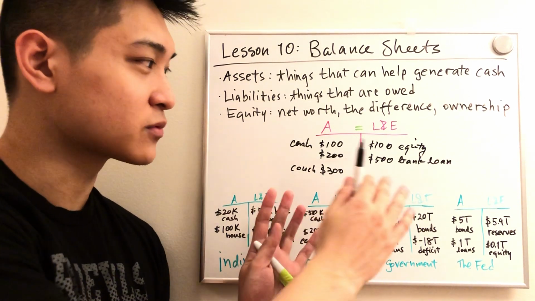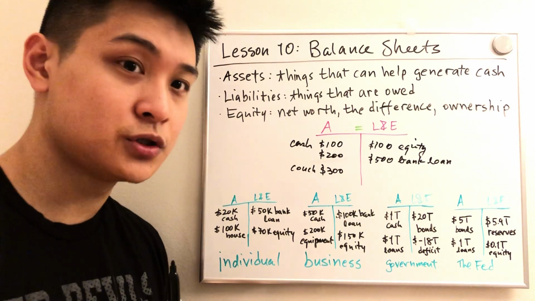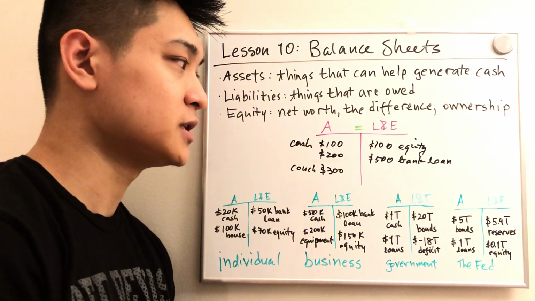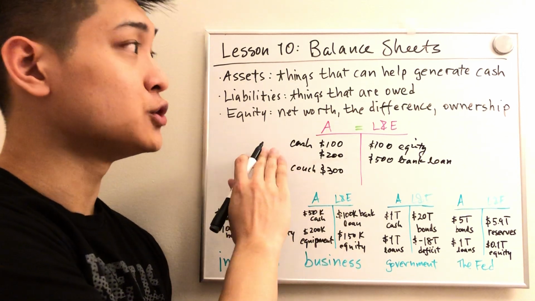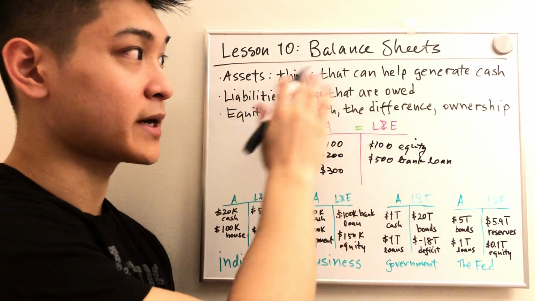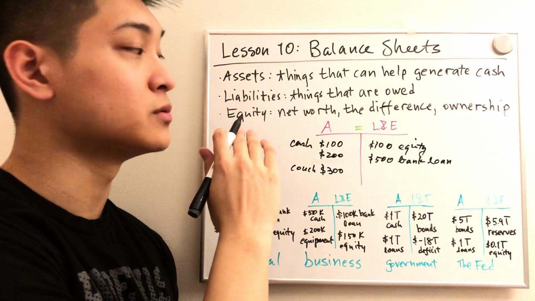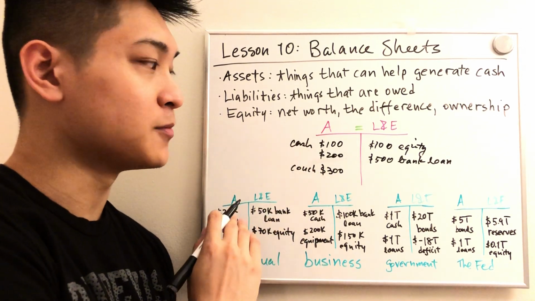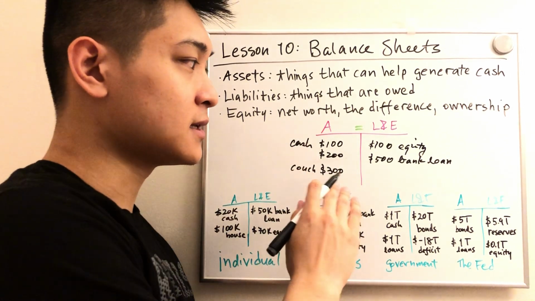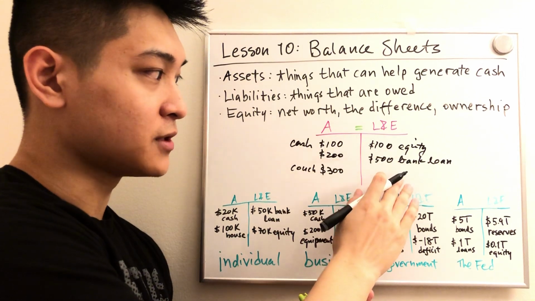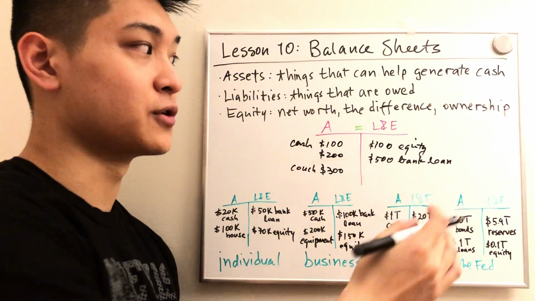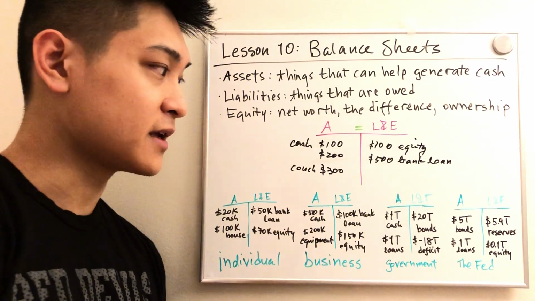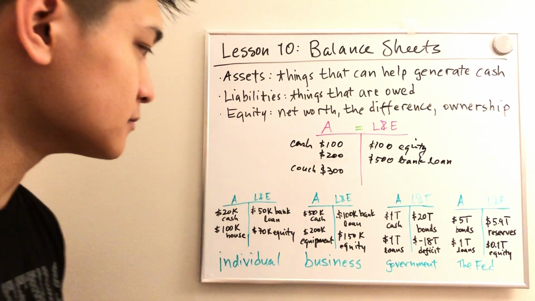So that's the general principle, and I encourage you to draw up a balance sheet of your own that lists out things that you own, whether it be outright cash or perhaps stocks or any other assets, and then also list out things that you owe people and calculate your net worth. I think that is a good exercise.